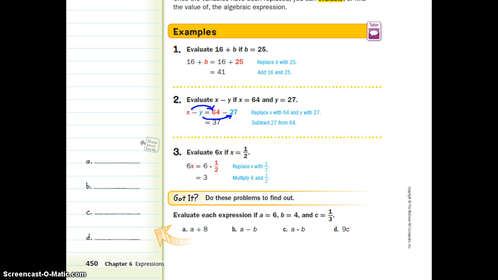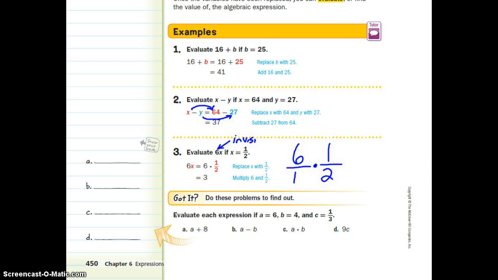Now I have 6x, where x is a half. So I have 6 over 1, because I now am going to deal with a fraction. I'm going to go ahead and put the whole number over 1, and then I have x is a half, so I have 6 times 1/2. It is not 6 and 1/2. It is 6 times 1/2.